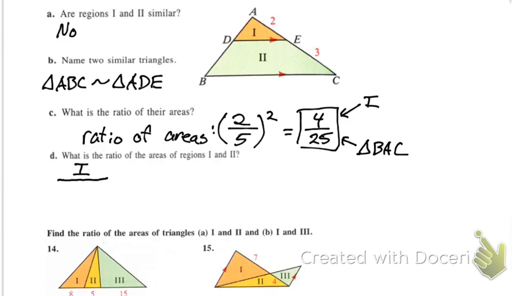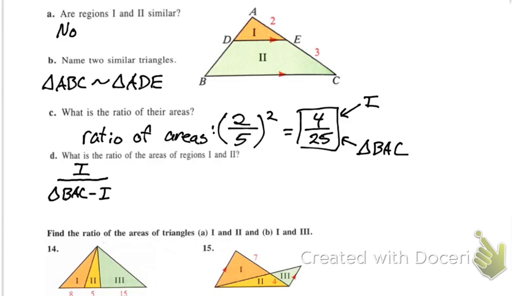So, for the denominator, do we just subtract 4 from 25? Yeah, we're going to subtract 4, because we have area 1 over, I want to figure out what area 2 is, so we're just going to get triangle BAC minus region 1.